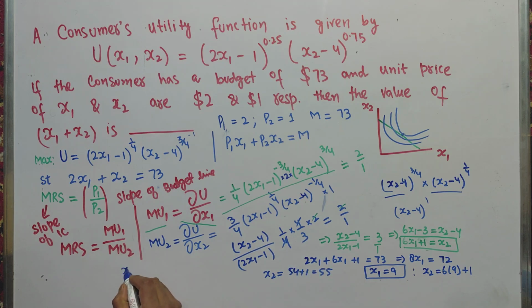Then x1 plus x2 comes out to be 55 plus 9, which comes out to be 64. Okay, so the value of x1 plus x2 at optimal will be equal to 64.